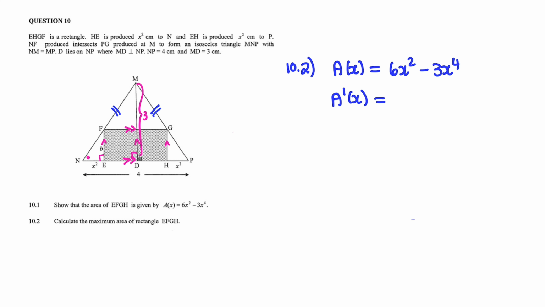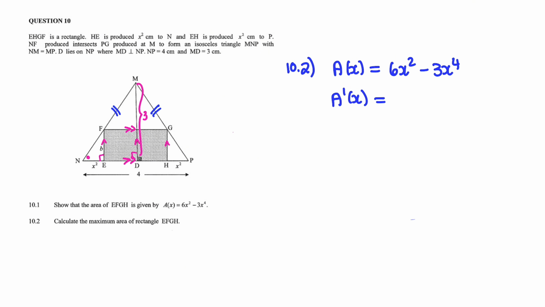10.2. Calculate the maximum area of rectangle EFGH. So they gave us the area of the rectangle, and that area is 6x squared minus 3x to the power of 4. Now for the maximum area, I need to take the derivative of the area and set that equal to 0.